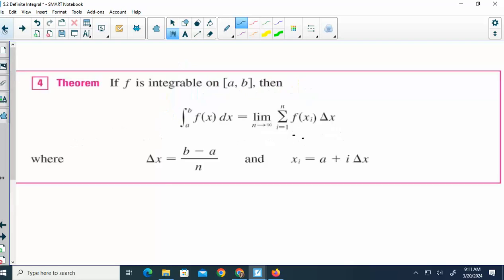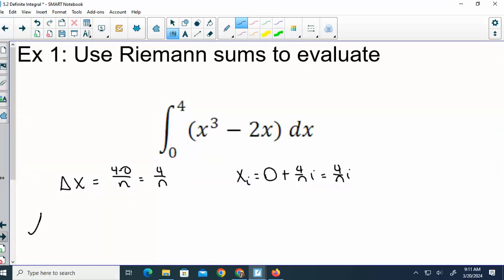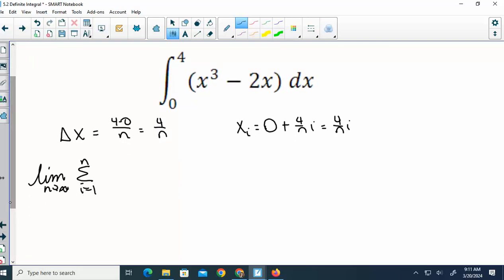So the rule, we're trying to find this integral. So we do it by doing this. The limit as n goes to infinity of the sum from i equals 1 to n of f of x sub i, which is what you get if you plug your x sub i into the x's of your function.